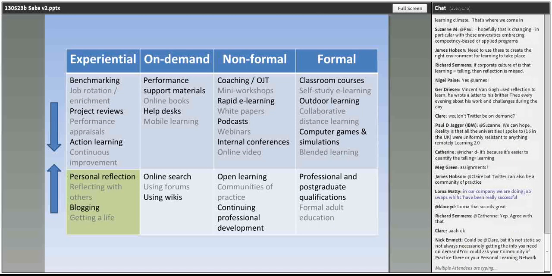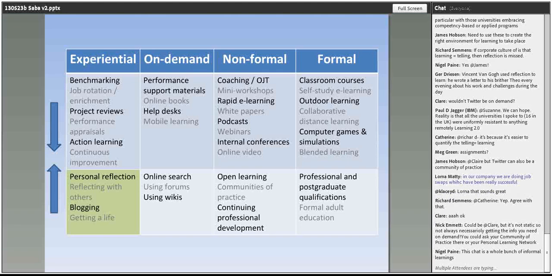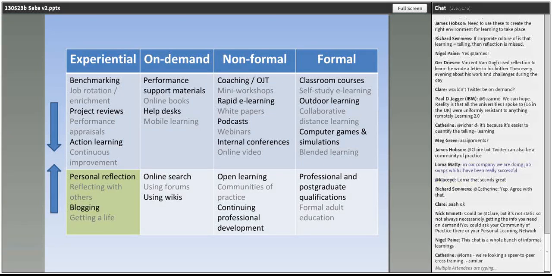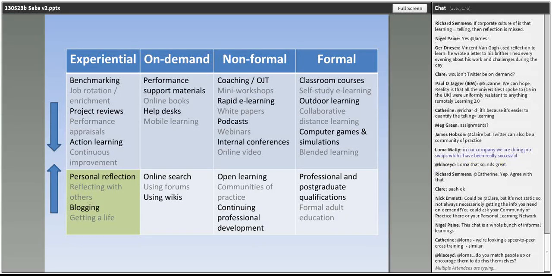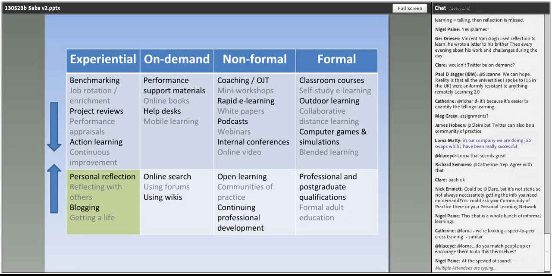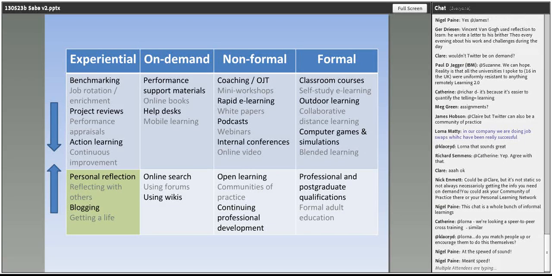And this happens often without any particular structure, that people reflect on what they've done and they reflect with others. And reflecting with others is a really important way of sharing experience. And that particularly can be case studies of projects that you've been working on. It can be just reflecting on good and bad experiences on a daily basis, which can take place through blogging.